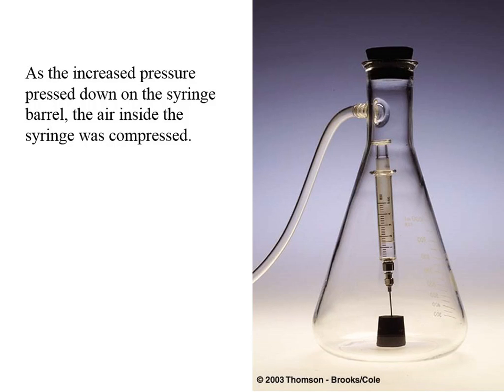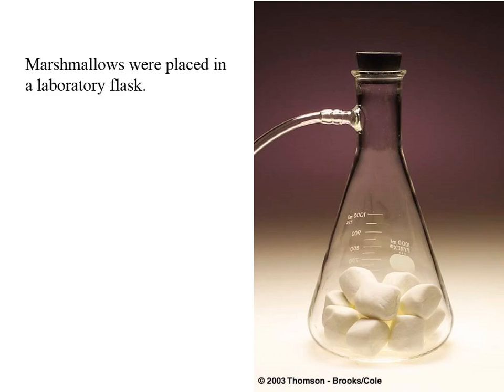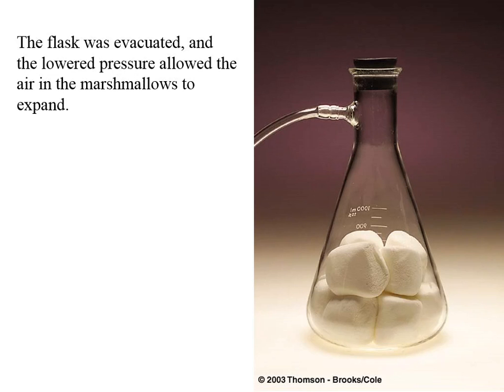And then we switch gears and we go to marshmallows. Okay. So this is just marshmallows minding their own business, right? And so we're going to, I think first thing we're going to do, oh, they blew up. So instead of having a tire pump like that, basically we drew a vacuum and created a low pressure in there, okay?